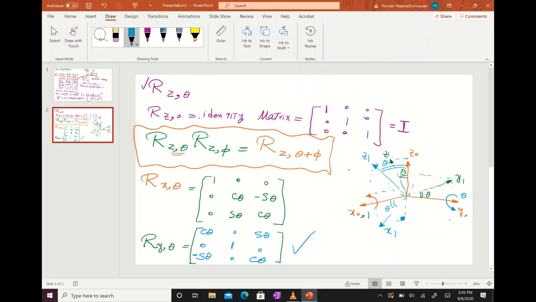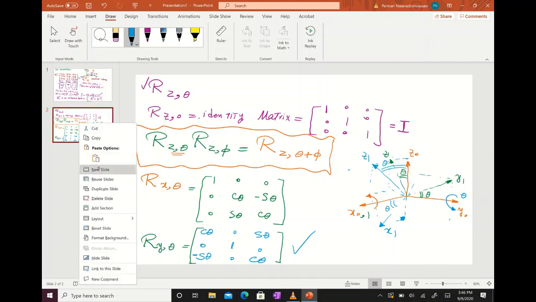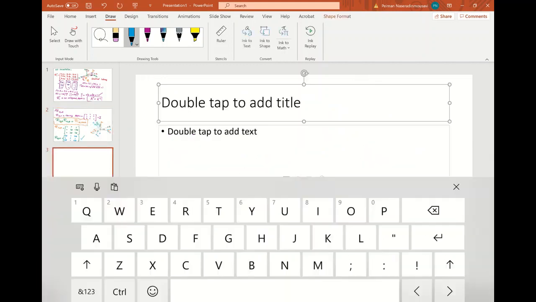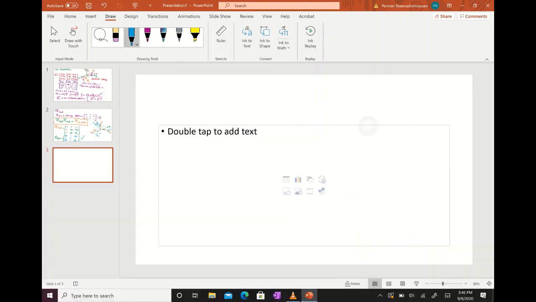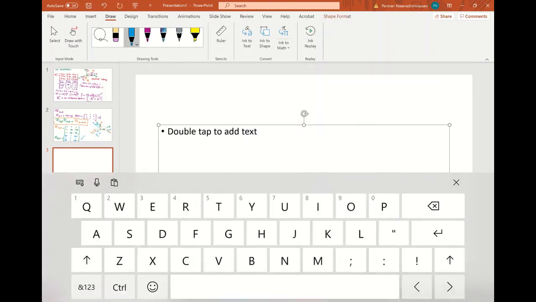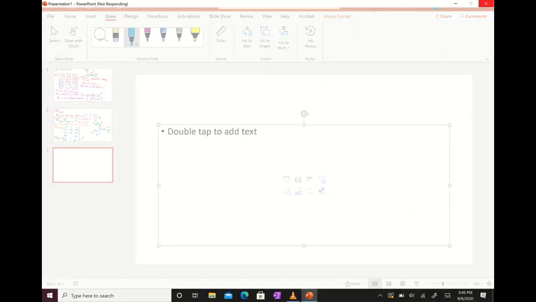So we found these rotation matrices around different axes. Okay. So after finding these, now let us go to the next topic.